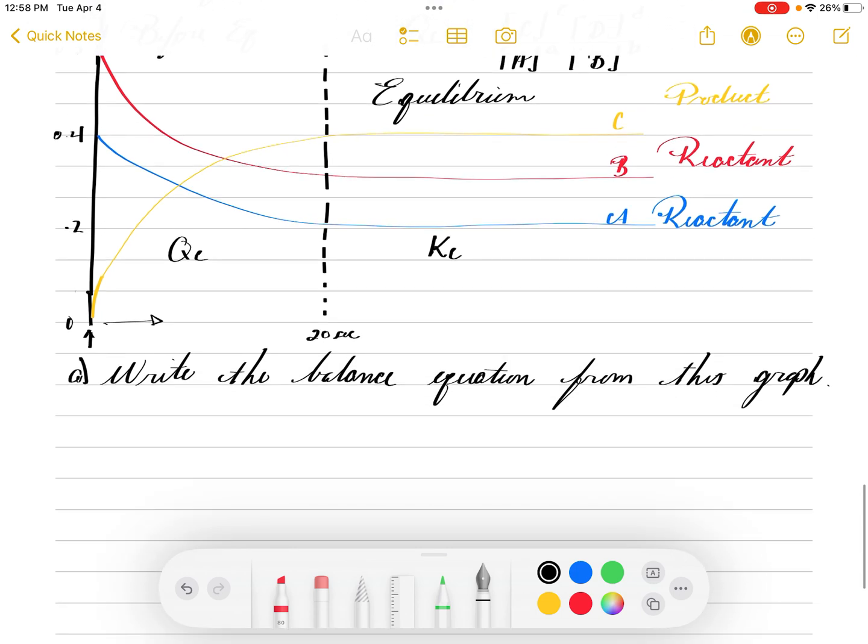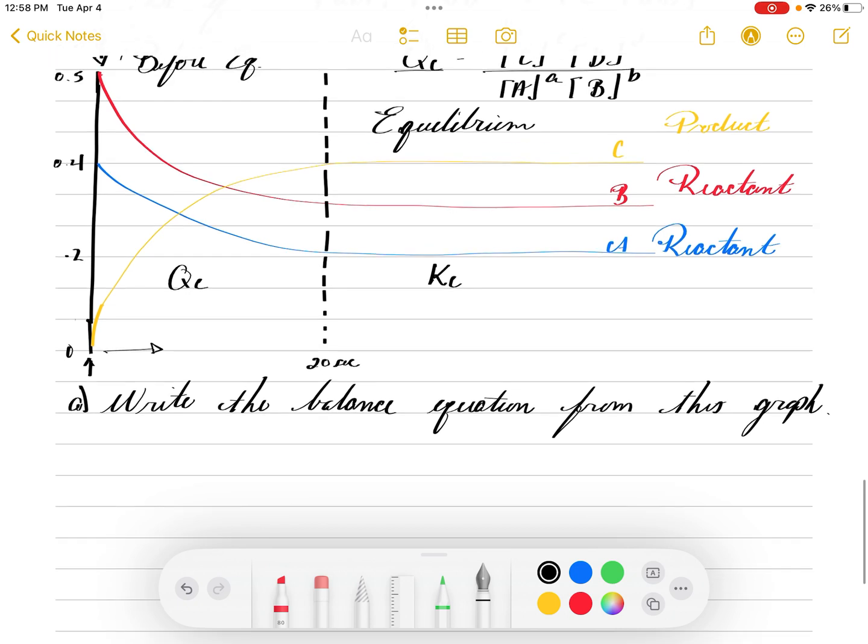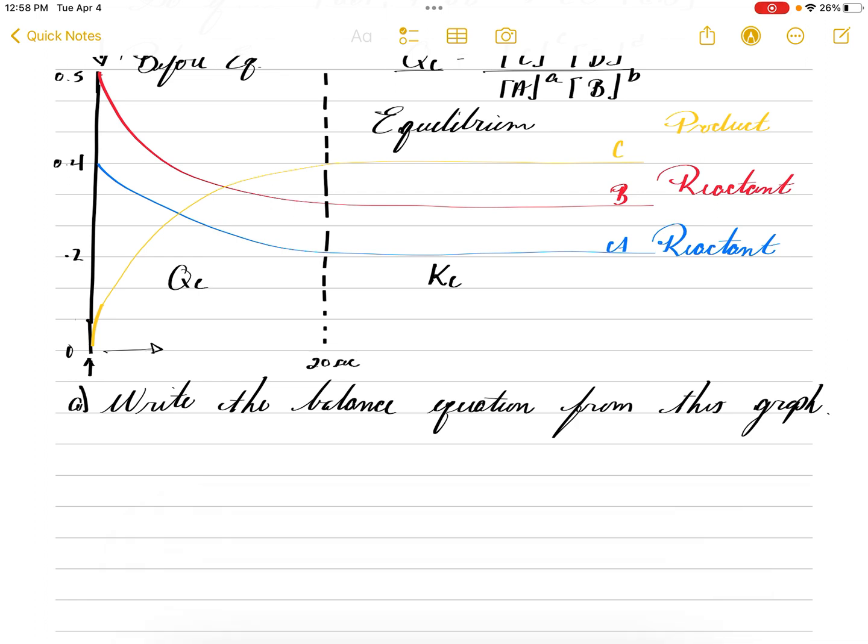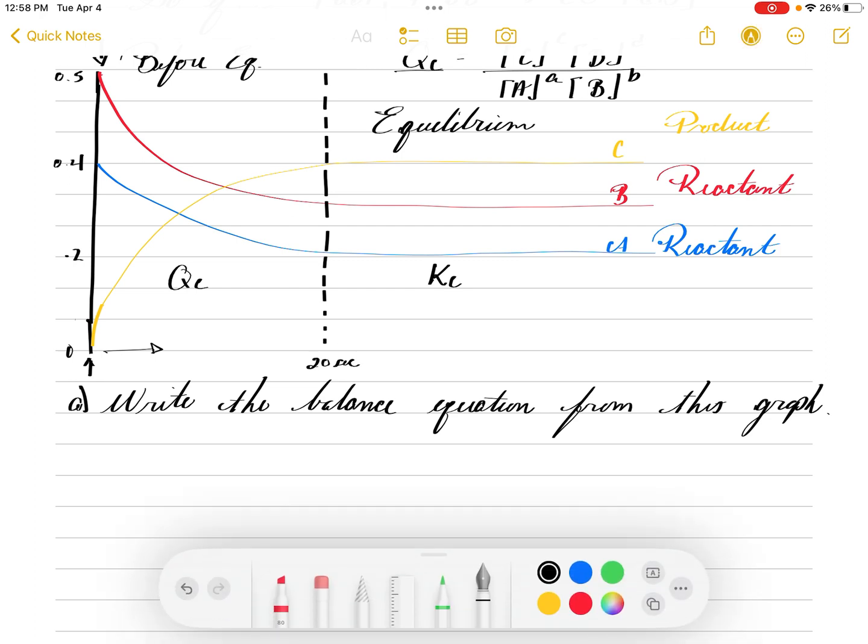So let's take a look at this graph, and let's see if we can write a balanced chemical equation using reactants A, B, and product C. We can see that over the course of 20 seconds, we have a decrease from 0.5 to about 0.3 for this one. It's not to scale, but let's assume that 0.3 is about here, about halfway.